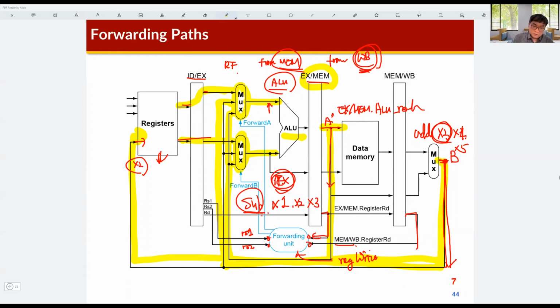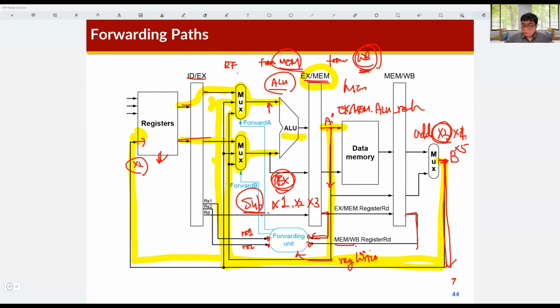First is from the register file, the second is from this write back stage, and the third possible path is the forwarding path from the memory stage, the output of the EX memory pipeline register.